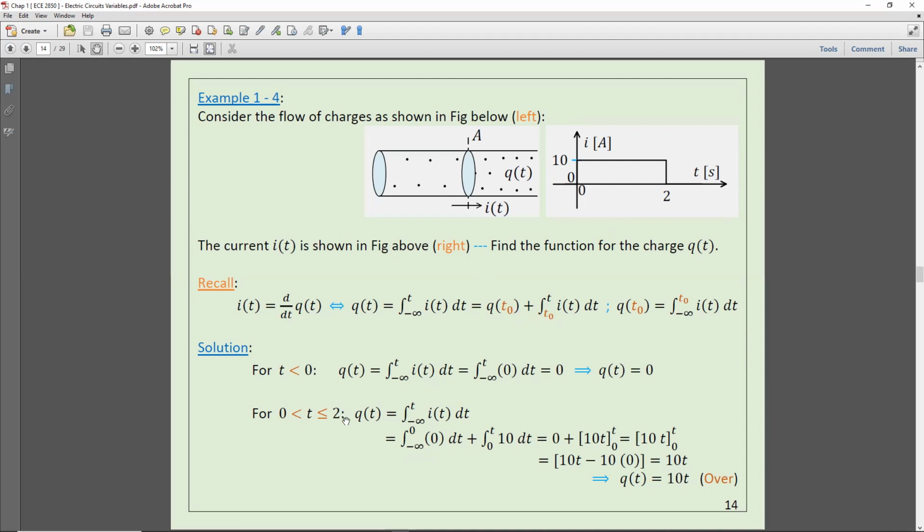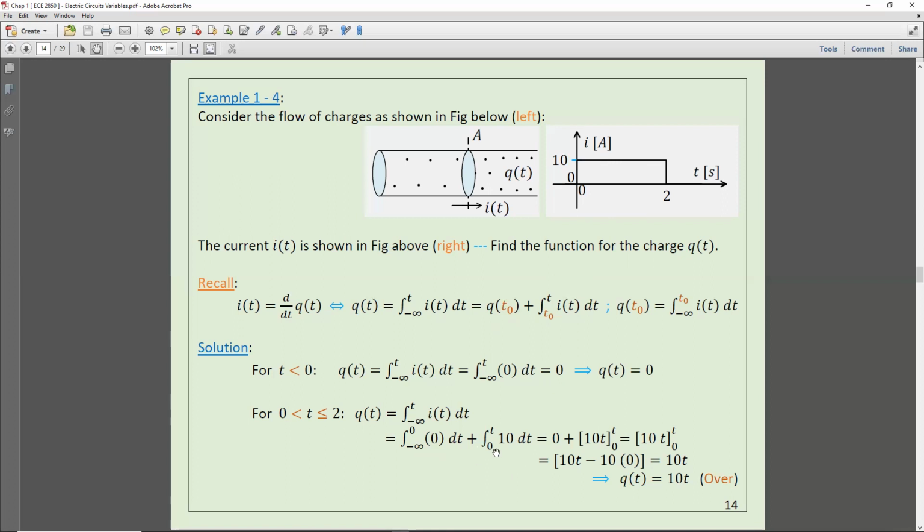The first part we already calculated, which is Q of 0, which is 0. Now this part is the integration from 0 to t, but t is between 0 and 2. So any value between 0 and 2 is t, and this formula is true for any value in this range from 0 to 2.